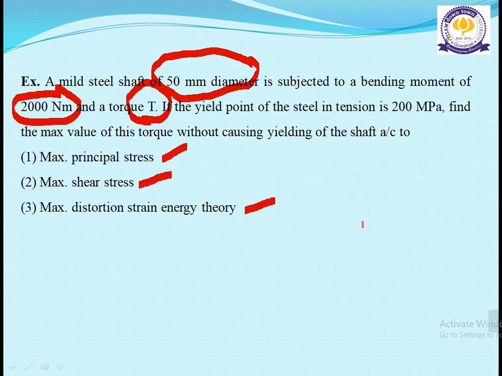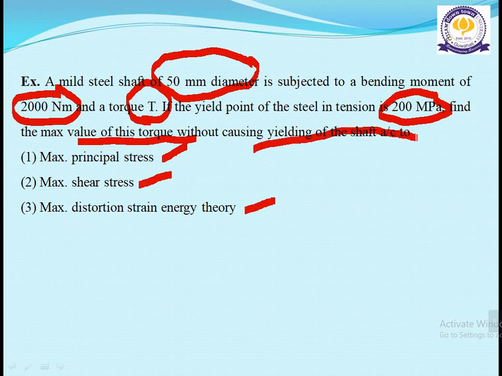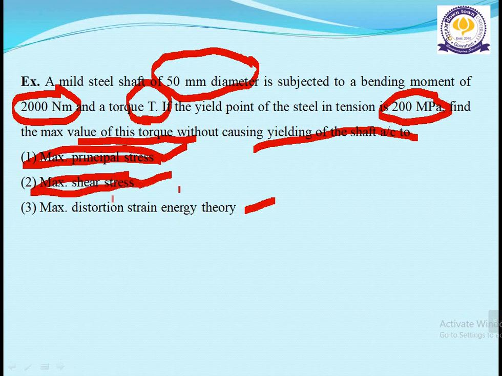The yield point is given as 200 megapascal, which we need to convert into Newton per mm square. After that we find the torque using the different theories: number 1, maximum principal stress theory, number 2, maximum shear stress theory, and number 3, the maximum distortion energy theory.